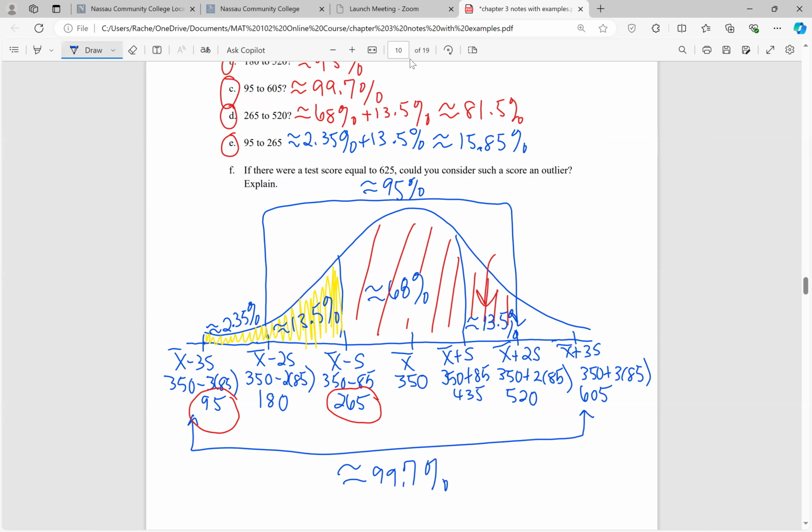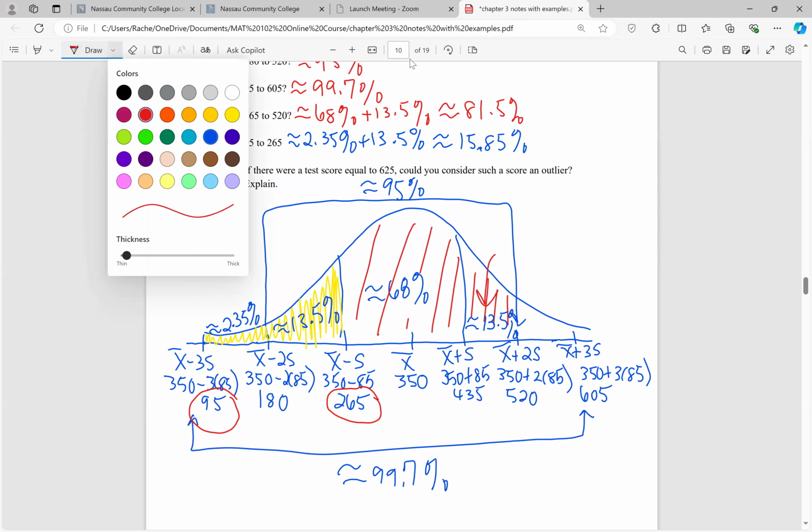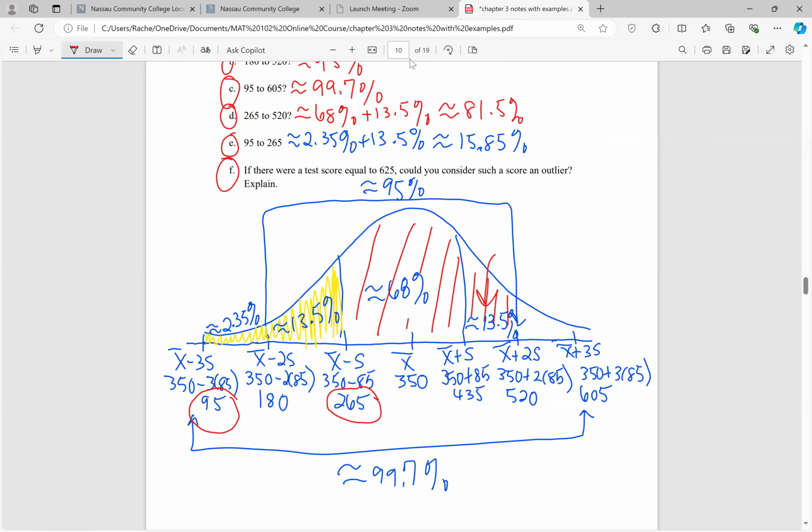And now we have one last part to answer. So part F, change back to red here so we could see that. And let me just erase this so we could see better. The question says, if there was a test score equal to a 625, would you consider such a score an outlier, and explain?